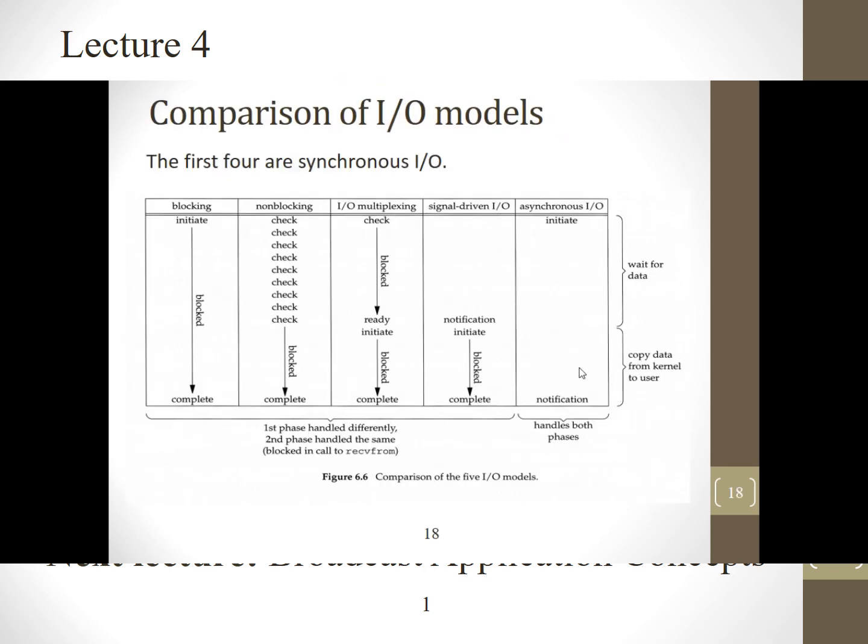On the other hand, if we see this, it says what is happening. In the first, second, third, and fourth IO models, in the blocking, non-blocking, IO multiplexing, and signal-driven, the first phase was handled differently in all of them.